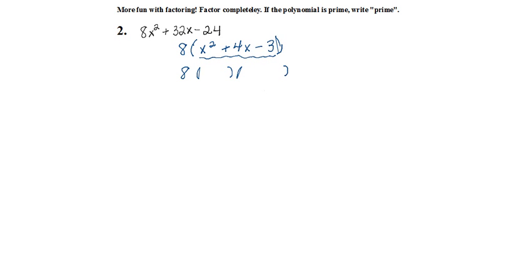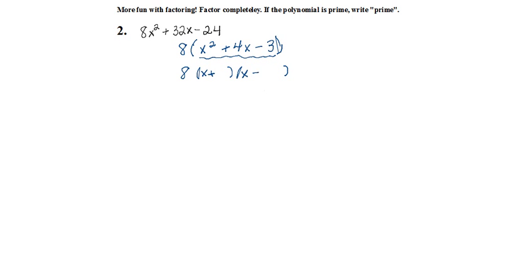I need to think about, okay, this first part's going to be x, okay, because that's going to give me my x squared. I have a negative for my c term, so that means that I need one term to be positive and one term to be negative. That's the only way we can multiply to get a negative if we're multiplying 2 numbers.